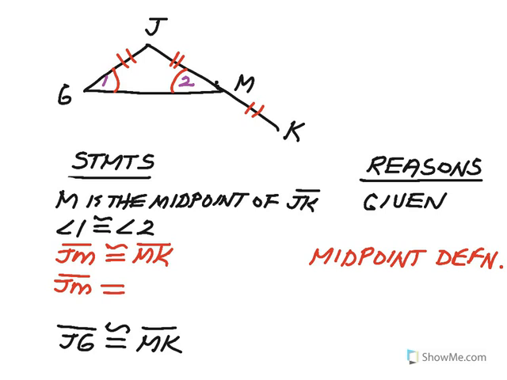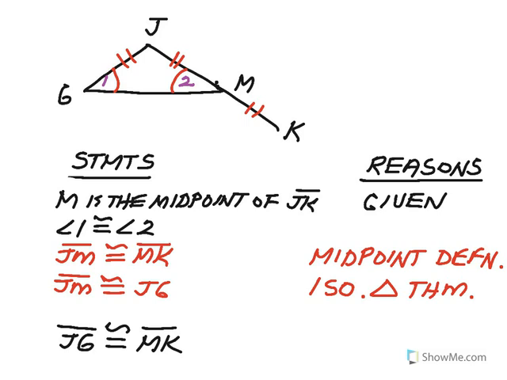So JM is congruent to JG, and that is the isosceles triangle theorem: if I have two congruent angles in a triangle, then the sides opposite those angles are congruent. It's actually the converse of the isosceles triangle theorem, but we'll look at the theorem and its converse as one.